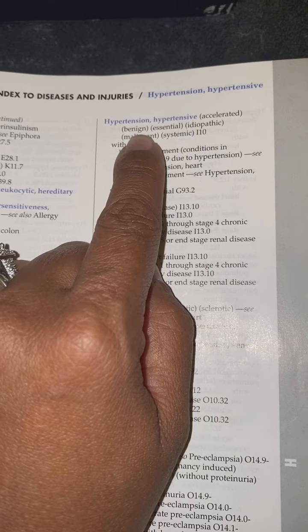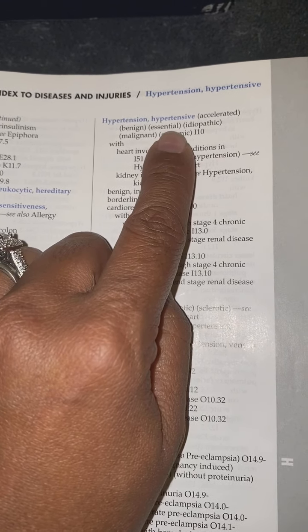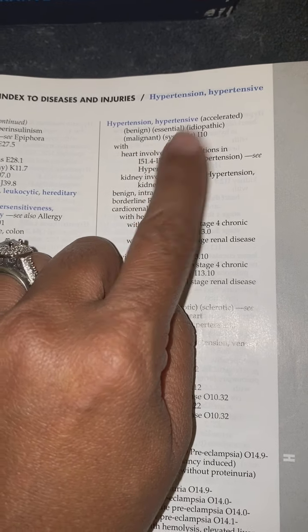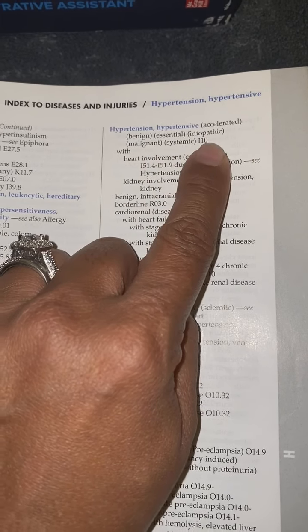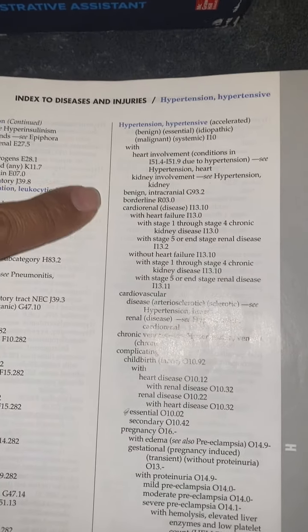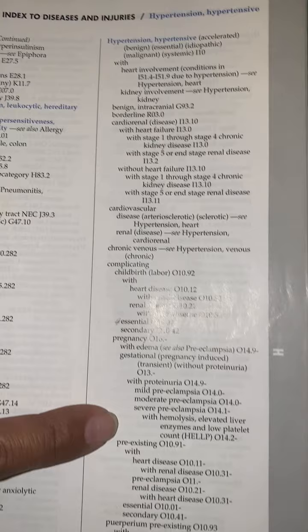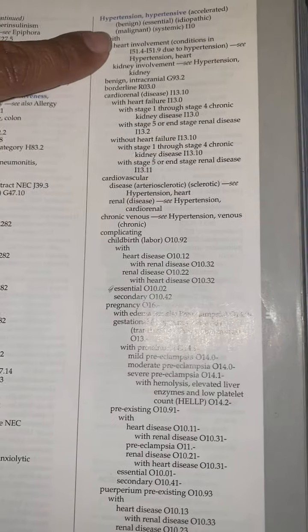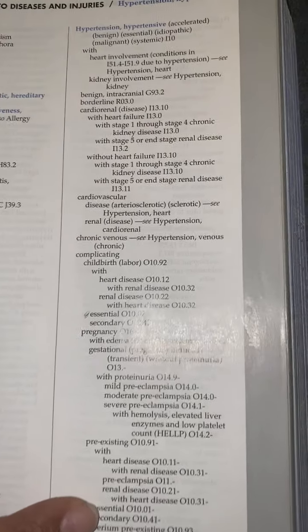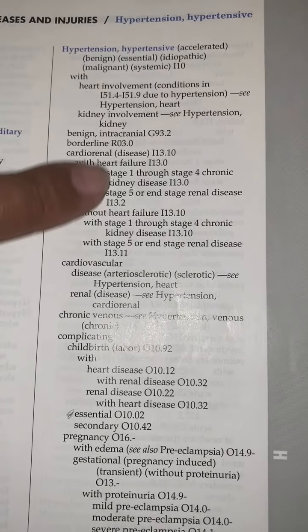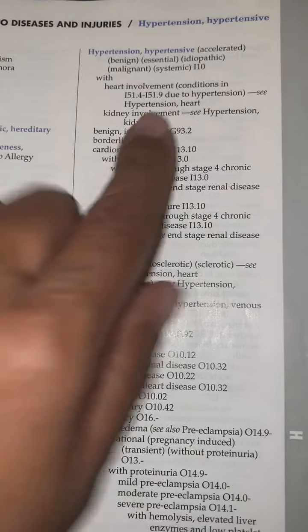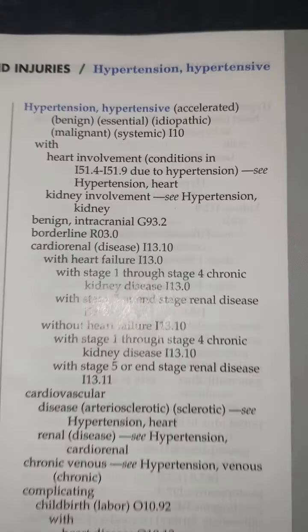It's been going on for a while. Based on no other information, I'm going to start with I-10. But down here, if I had more information, then I would look for more documented information in the patient's progress note, and then I could select that code based off of that. But because I don't have any other information, I'm going to go ahead and start with I-10.